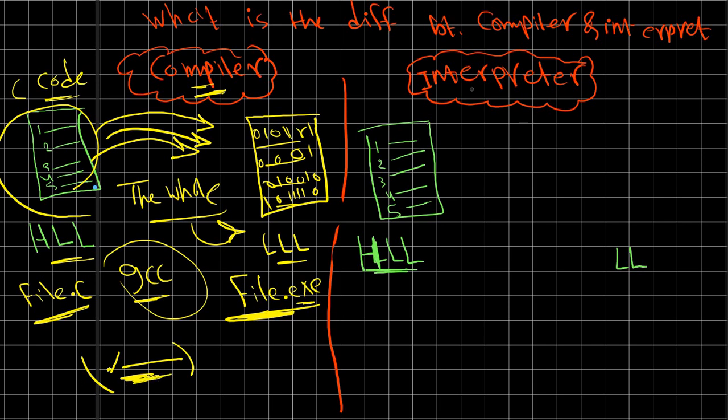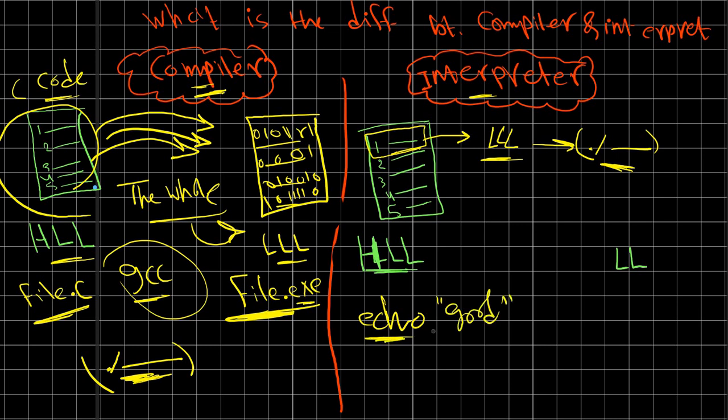So how does the interpreter work? The interpreter takes only the first line, turns it to low level code and executes it. He takes it and executes it, and doesn't let you do anything in between. You give him a command like echo, if you are on shell or bash.